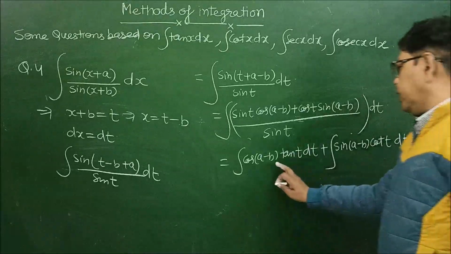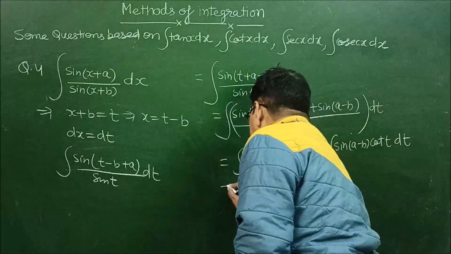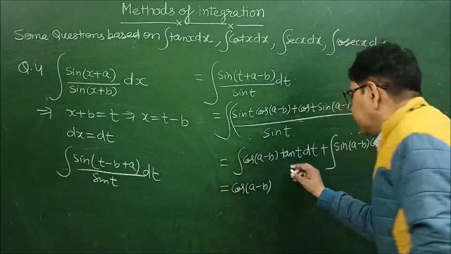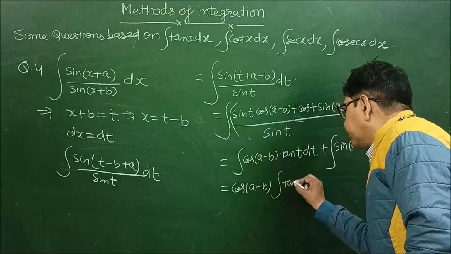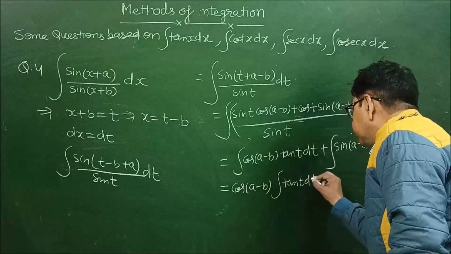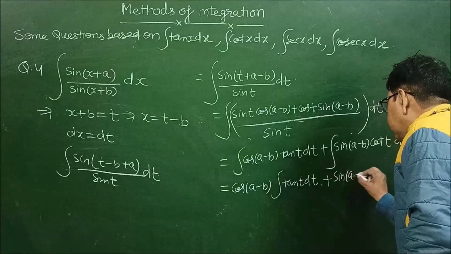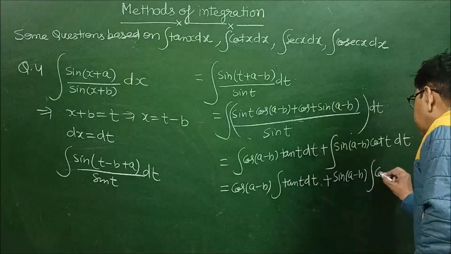Now this cos a minus b is a constant, so it can be taken out of the integral. Cos of a minus b integration of tan t dt plus sin a minus b is a constant, so integration of cot t dt.